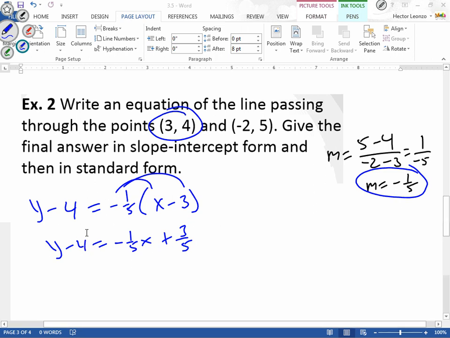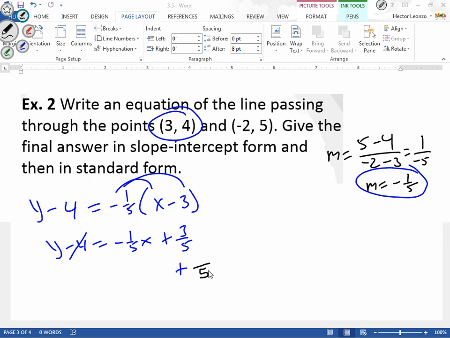Now I'm going to move the -4. I'm going to move it over here as a +4. But instead of just writing a 4, I know I'm going to be dealing with fractions. So I'm going to write my 4 as a fraction as well, but I'm going to make sure my fraction has a 5 at the bottom because I want my denominators to be the same.